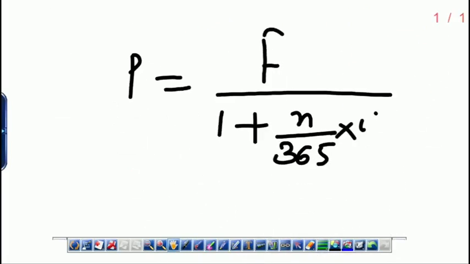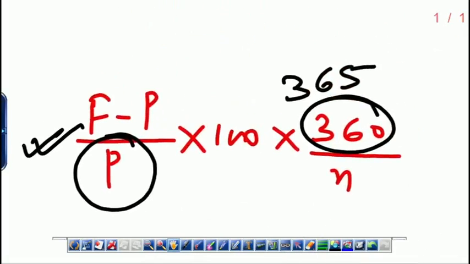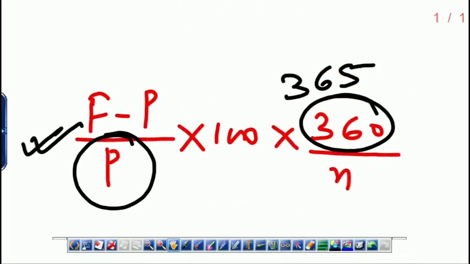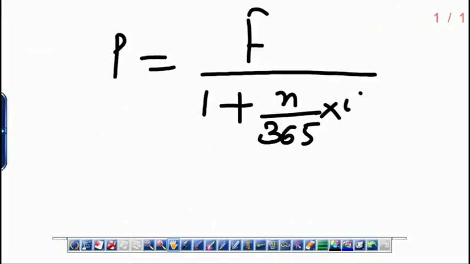So I can use this format of the formula, that price is the present value of the face value, F divided by 1 plus N by 365 into I. I think you should know both the formats. Use the first format when the price is given and you have to find out the effective interest. And use this format if the effective interest is given and you have to find out the price. This is very simple stuff.